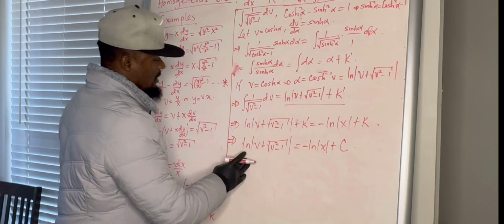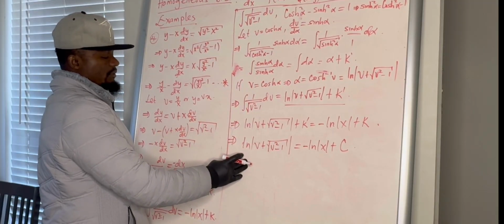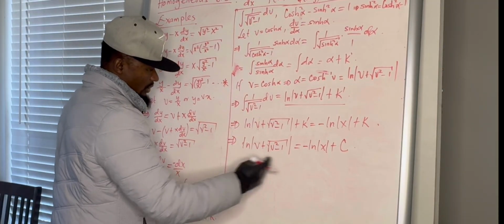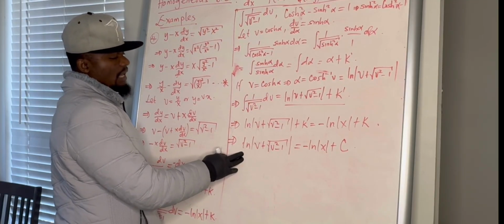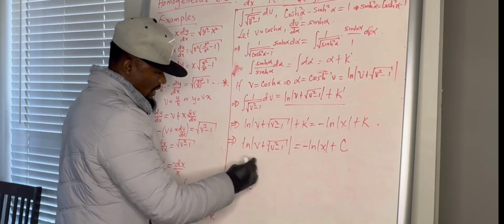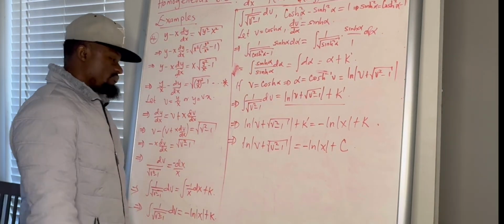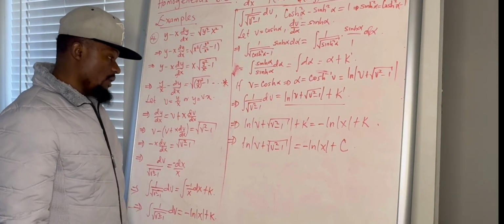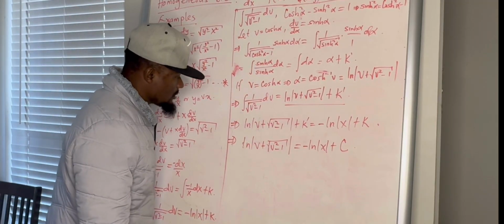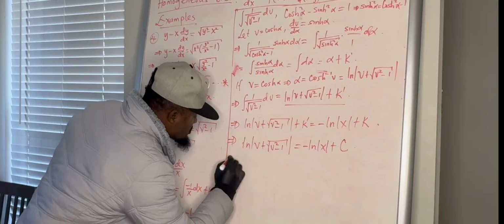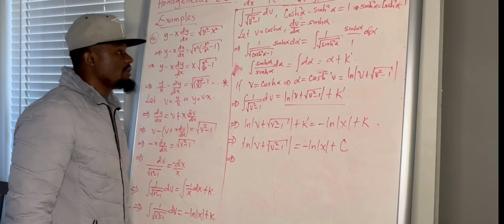Again, we can combine these two using the laws of logarithm. We can bring this over, put them together, and it's going to give us just ln the absolute value of x times all of these. But doing all of that, we are just making it look good. This is already the general solution.